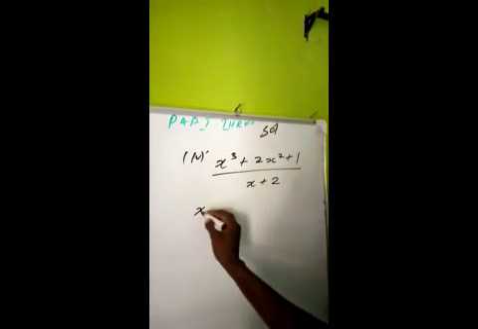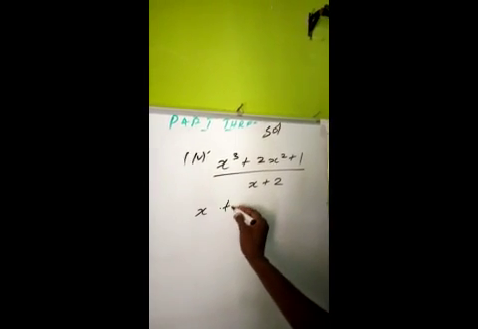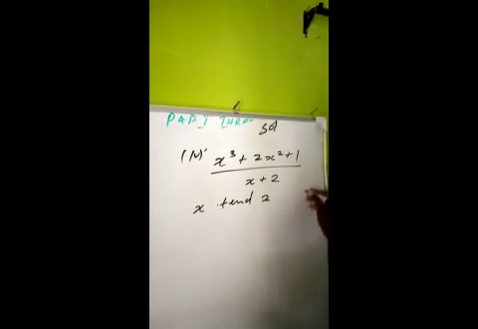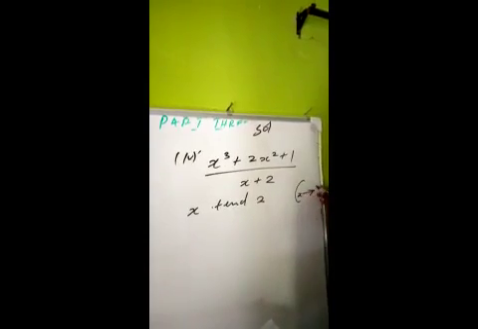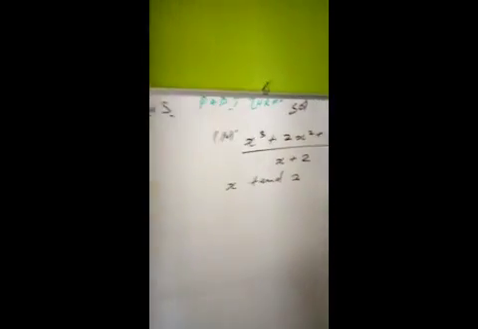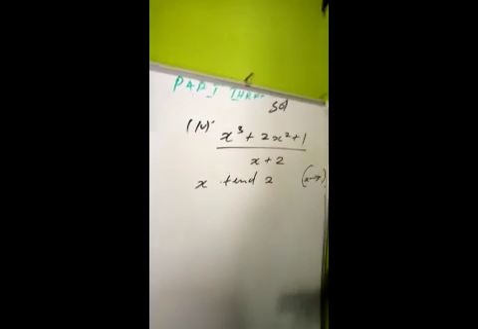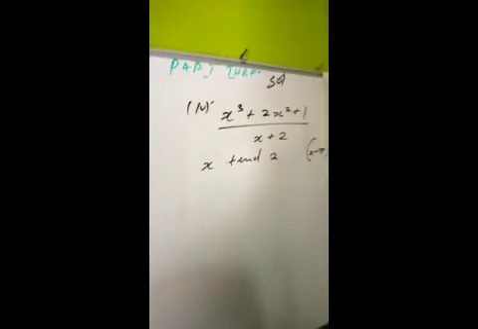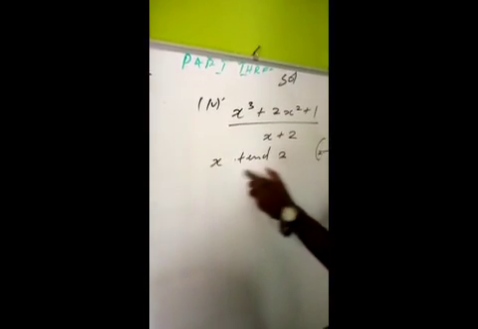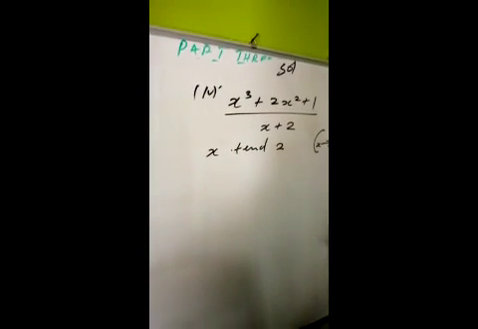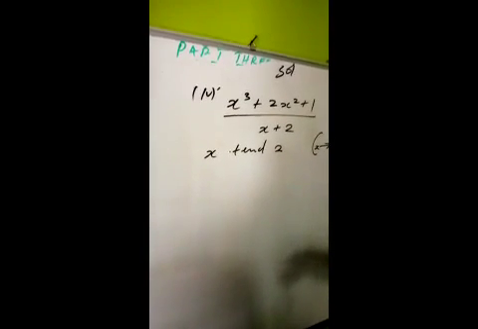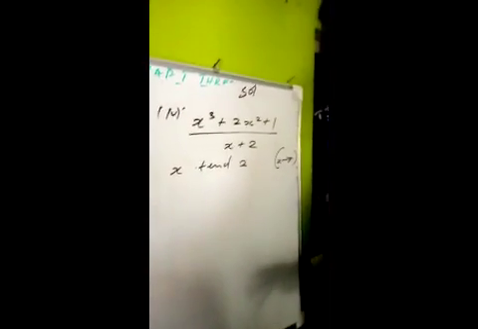Then you say s tends to 2. It is the same thing we have been doing. So from this point now, we can simply say that since my s is 2, this is what you call direct substitution of limit. Remember, we are still under what?